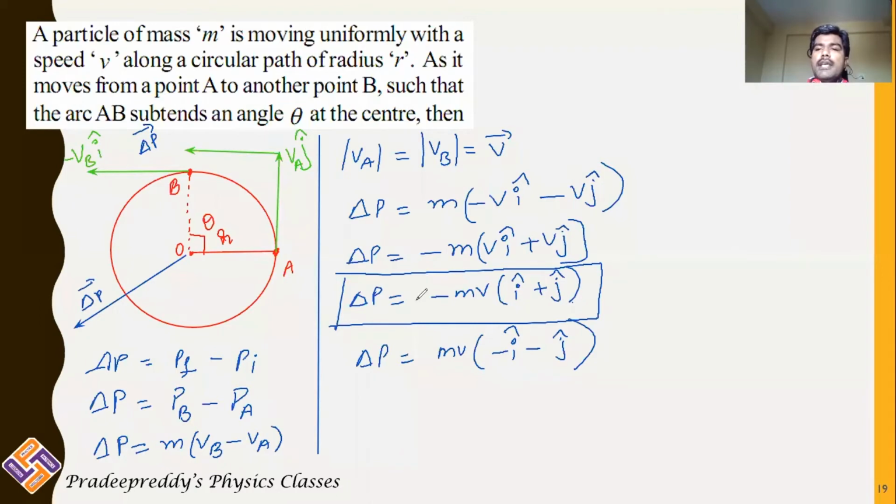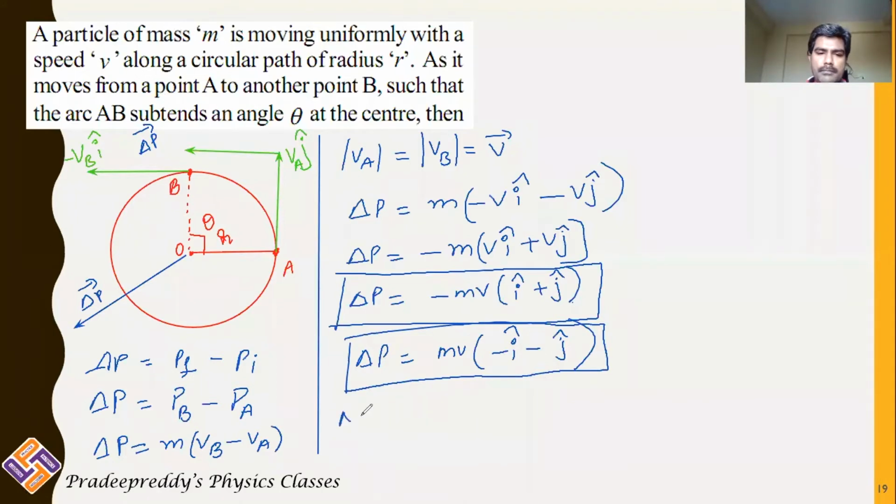Remember, change in the momentum, it is a vector quantity. As we know, delta P will not have the same direction as that of velocities.